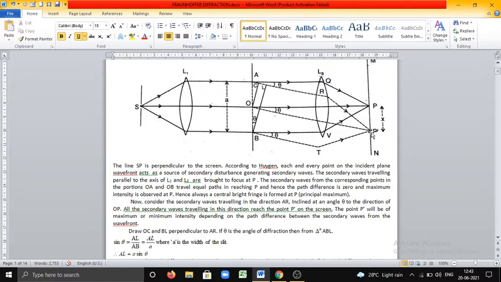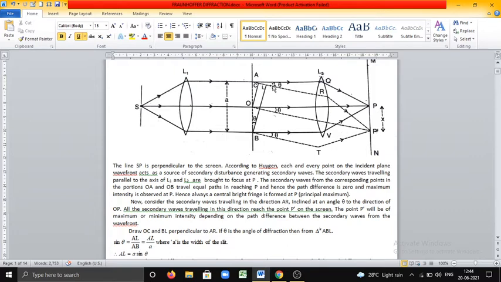To know the path difference, let us draw two perpendiculars, OC and BL, to the diffracted ray AR. When we draw these two perpendiculars, AL represents the extra distance traveled by the ray from A to reach P dash compared to the ray from B to reach P dash.